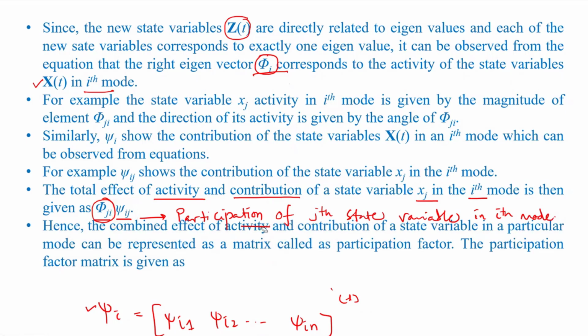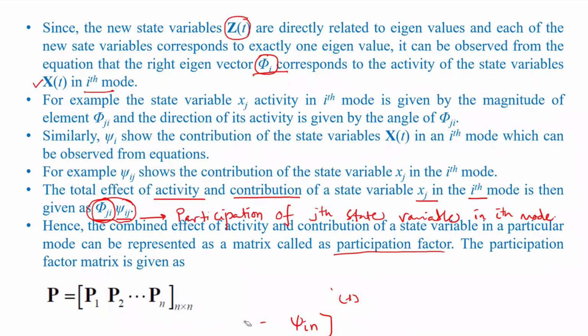Now, the combined effect of the activity and contribution of a state variable in a particular mode can be represented in matrix form. Because this is the participation of the jth state variable, by taking all these elements together we call it the participation matrix, right? And that is called the participation factor matrix. So the participation factor matrix can be given as this. We can see here, P is the participation factor matrix, which has vector elements p1, p2, pn, right?